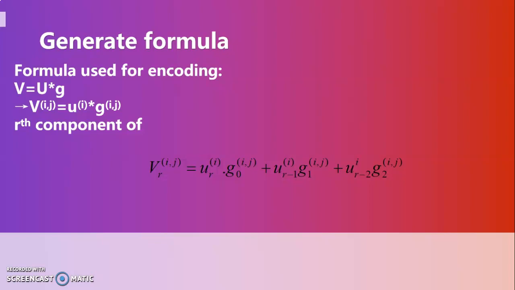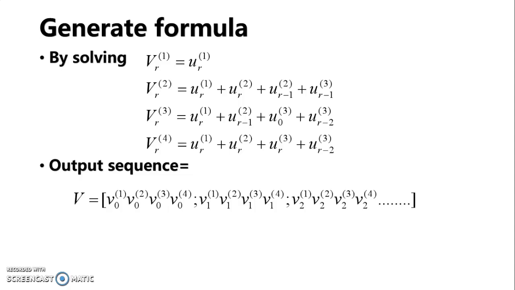The rth component of Vij, that is V r suffix i,j, equals U r i into G0 i,j plus U r minus 1 i into G1 i,j plus U r i G2 i,j. This is the main formula which is used in this case.